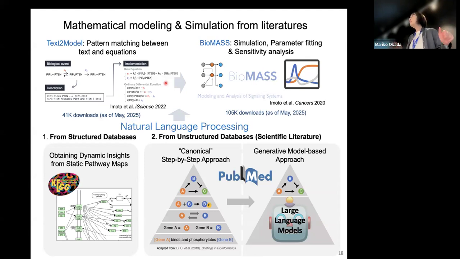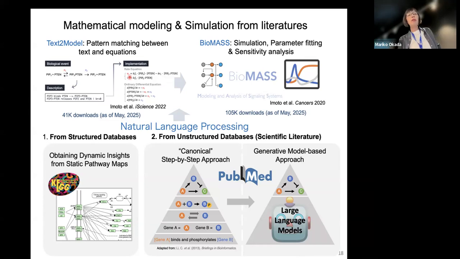So then we went to natural language processing, because we spent so much time reading papers to construct one model. We read hundreds of papers. If we want to develop the breast cancer model, we need to look for such papers. So it's really, really time consuming.